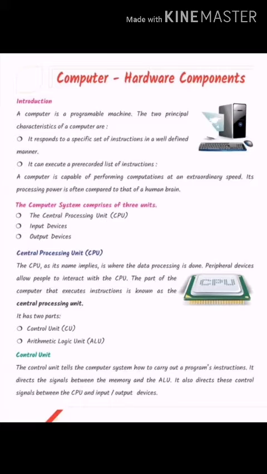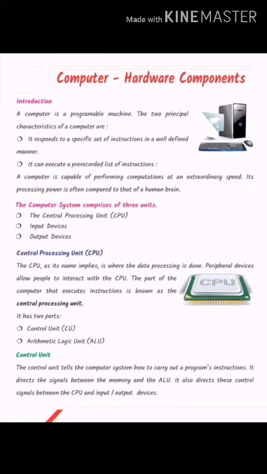It can execute this pre-recorded list of instructions. When I say pre-recorded list of instructions, it means they are to be stored in a proper way or syntax where they should be precise. The instructions which we enter should have only one and only one meaning.